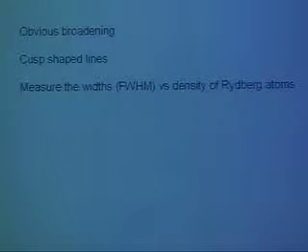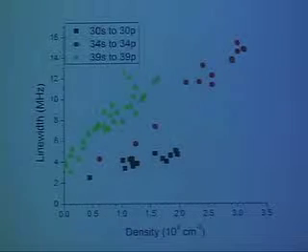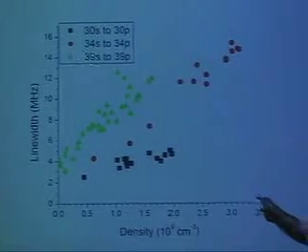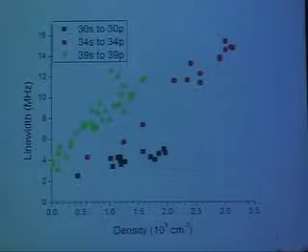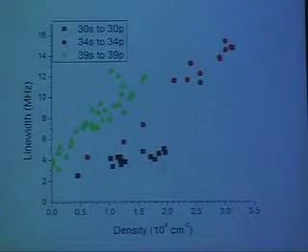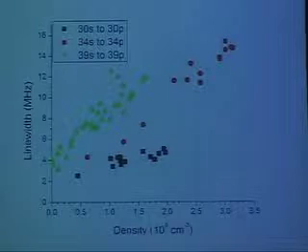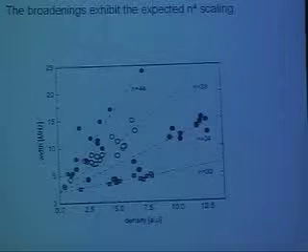But not to be worried about minor details, we thought, okay, we're experimental hacks, so the first thing we would do is measure the widths of these lines as a function of density. We're trying to find what you might view as pressure broadening. So we did this, and this is looking at the broadening of these transitions for several different states. We did a whole bunch of them, and they all broadened, and of course the broadening goes up with n. These are plotted on a completely arbitrary scale.